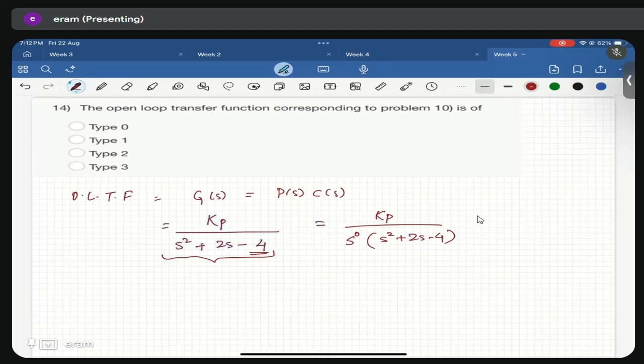Now can you identify the type? It is nothing but a type 0 system because here the power of s is 0.